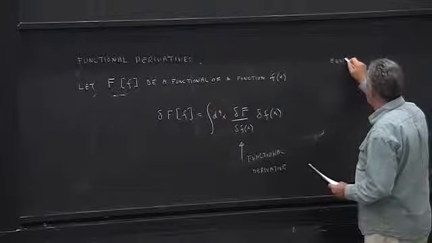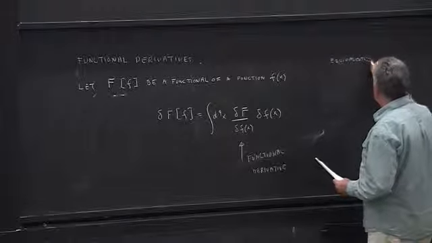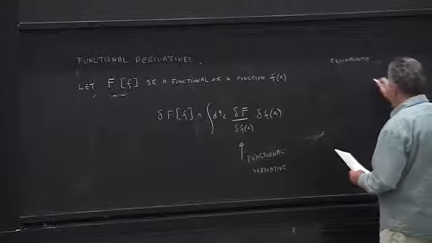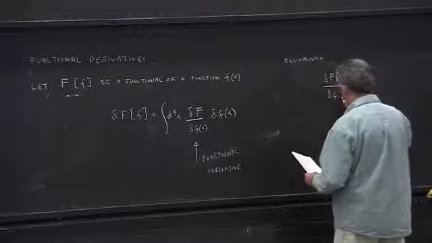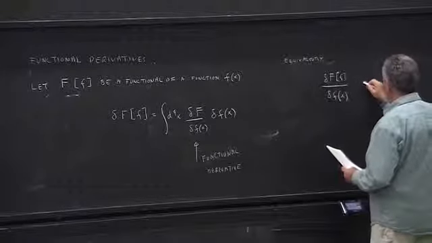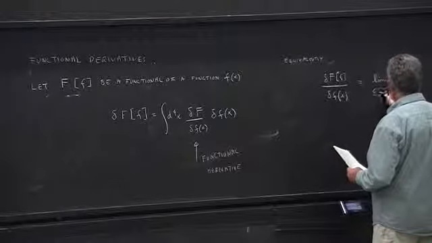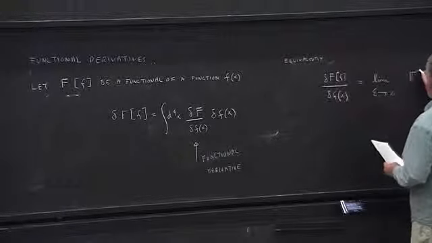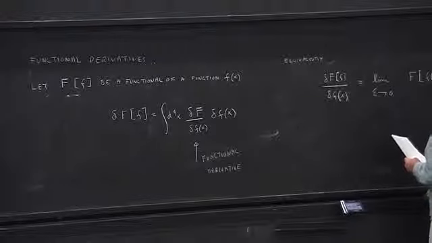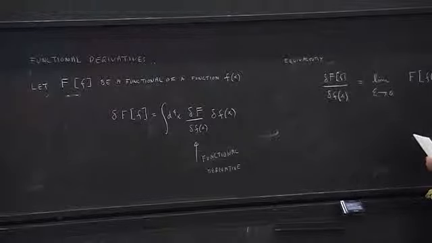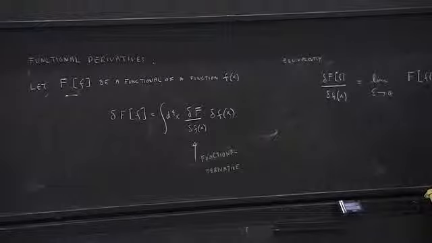Equivalently, you can define it like the way you do ordinary differentiation, as the limit as epsilon goes to 0 of the functional F of phi plus epsilon delta of x and y, and that's a Dirac delta function, minus F of phi over epsilon.